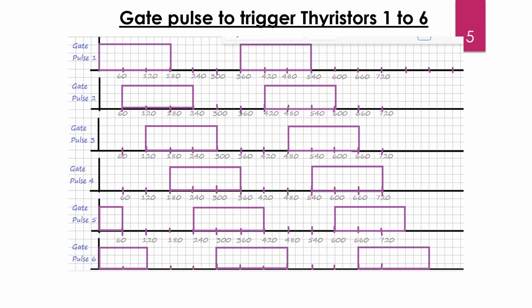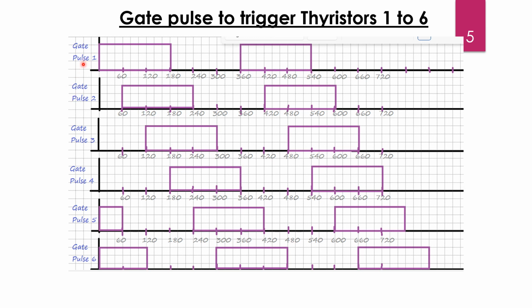Okay, so from the circuit diagram, it is understood that each upper arm thyristor represents the positive phase and each lower arm thyristor represents the negative phase of the three phases. So switches 1, 3 and 5 represent the upper arm thyristors, which is the positive phase sequence, and 4, 6 and 2 represent the negative phase, the lower arm thyristors.